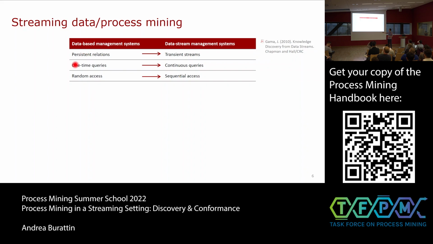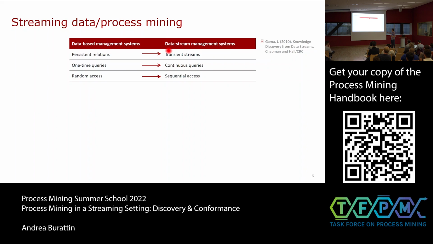The point here is that the relations and properties are persisted in this database, which means that you can randomly access different parts of your data, and therefore you can perform one-time queries. For example, you can have one query that will tell you the first events of all process instances. You can extract this information with just one query.